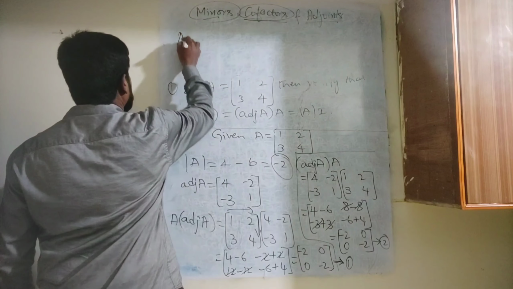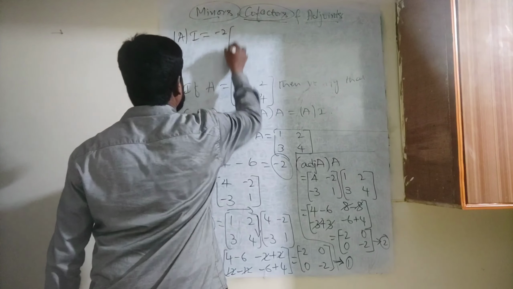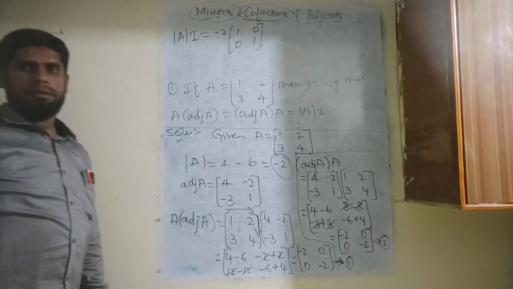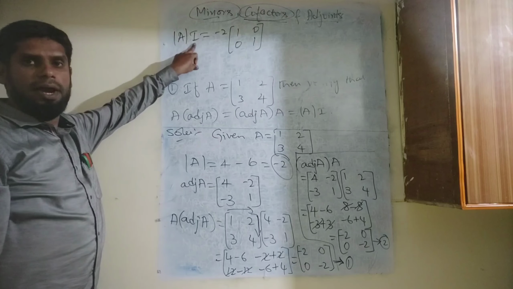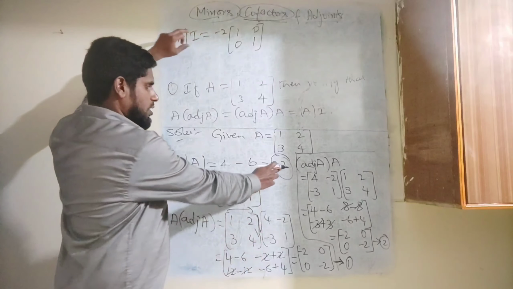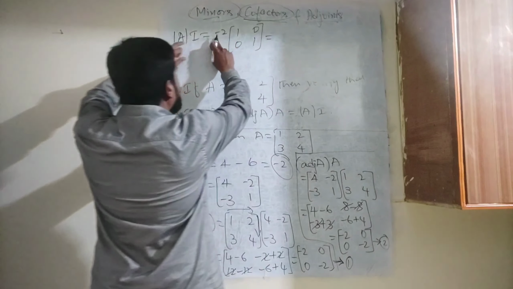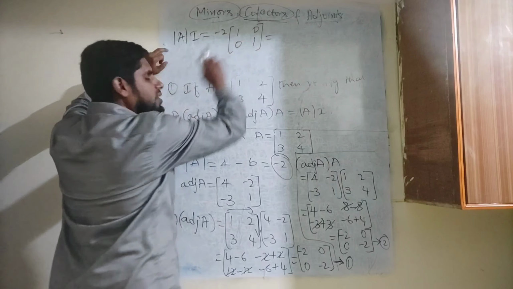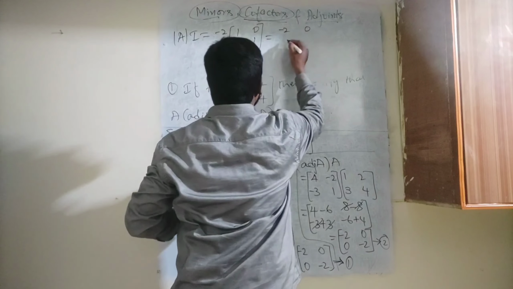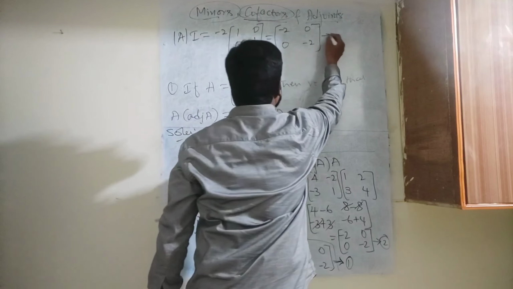Now determinant A into I is equal to minus 2 into [1, 0; 0, 1]. The determinant is multiplied by the identity matrix, and its value is minus 2. If I multiply minus 2 to each and every element of this matrix, I will get [-2, 0; 0, -2]. This is my equation 3.